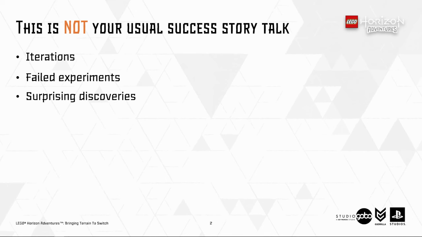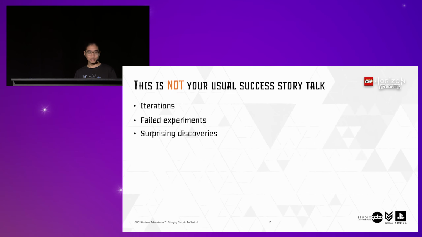So you may have heard me say the word story, and that is exactly what we're having today. This is not your usual success story talk, in the sense that I won't be telling you do this or do that, this will lead to success, etc. Rather, it focuses on iterations of what we did to solve a particular problem to ship for the Switch platform.